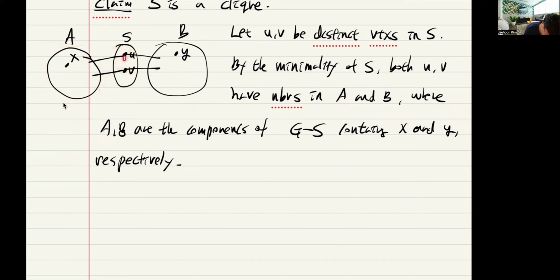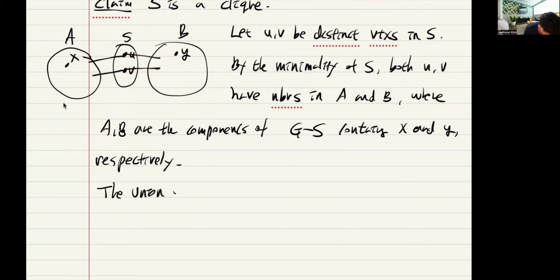We don't care whether there is an edge between them or not. We will show that there is an edge, but for now we don't care. We just take A, and U has at least one neighbor, V has at least one neighbor. So inside of A, you find the shortest path between this vertex and this vertex. If these two happen to be the same vertex, then this is already what we want, the shortest path. If those two are different, then you find the shortest path. You do the same thing in B, and then you take the union.